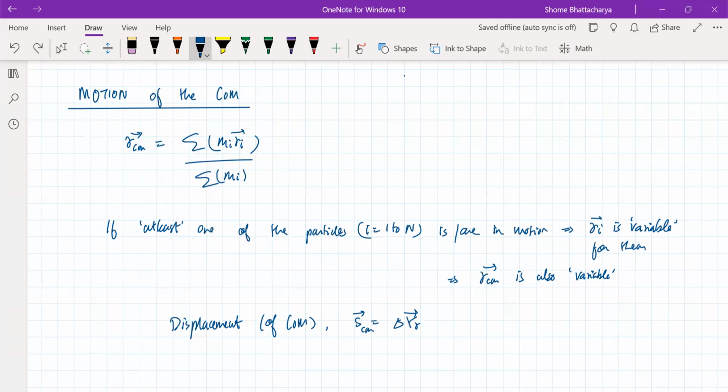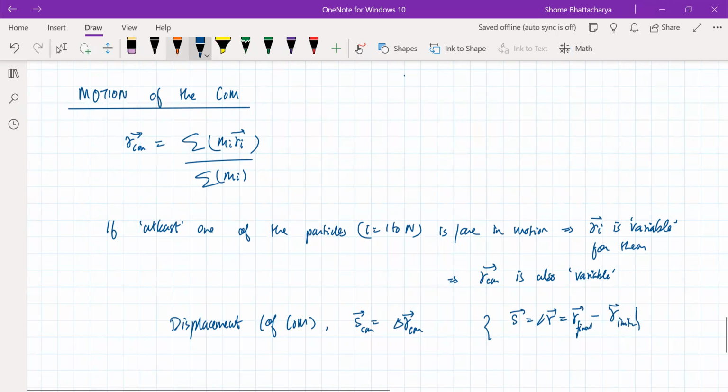It is a vector difference of final position minus initial position. So this is our kinematics definition.